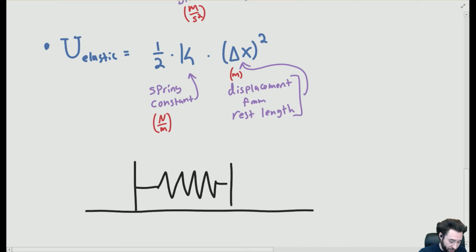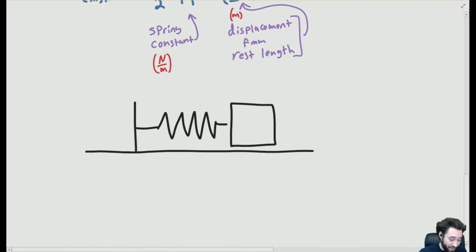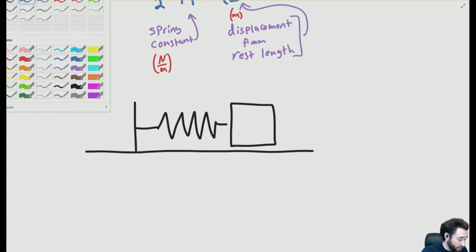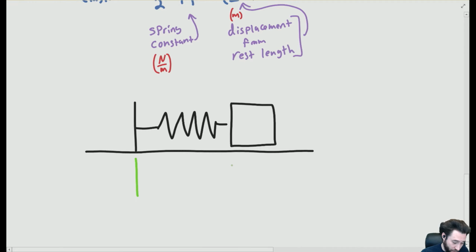Okay, so if I have a spring like this, and I have a distance, so if I have a spring that's just sitting there, without applying a force, the length of that spring, the physical measured length of the spring, is called the rest length. And hopefully the green will show up. So this will have a length like this.